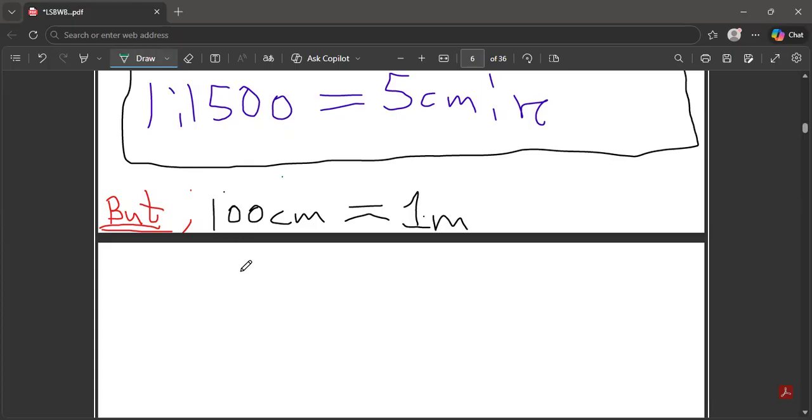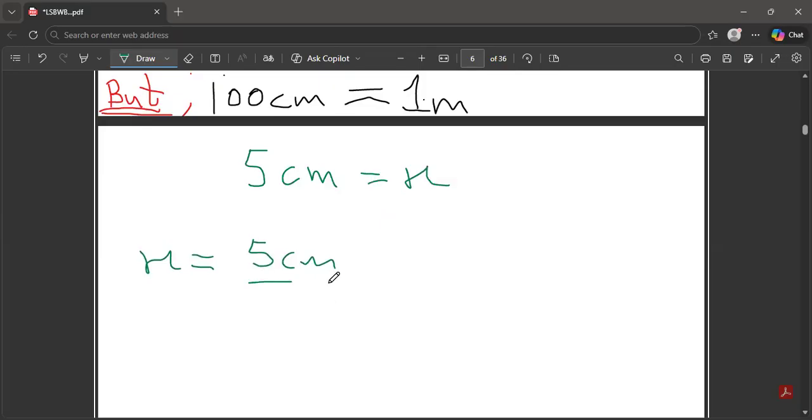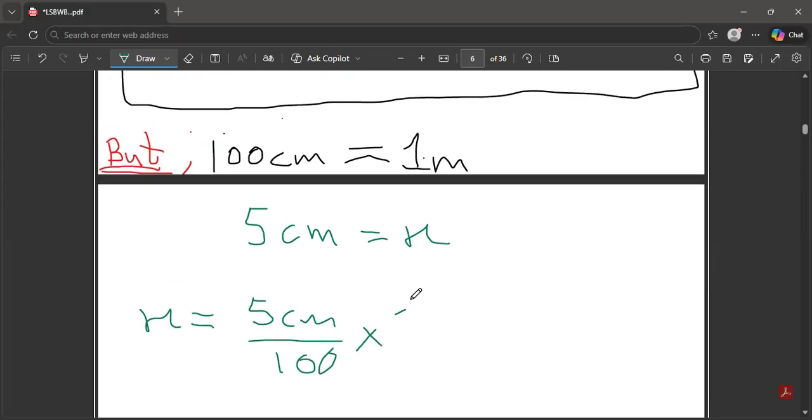If we want to transfer that concept, look at what is going to happen. Now we have 5 centimeters is to x. So you just have to do cross multiplication. After your cross multiplication, x is going to be equal to 5 centimeters over 100 times 1 meter.